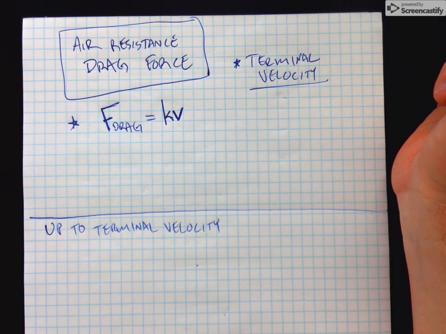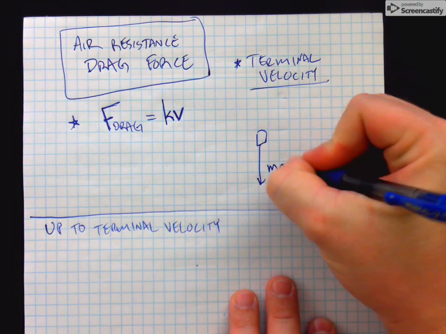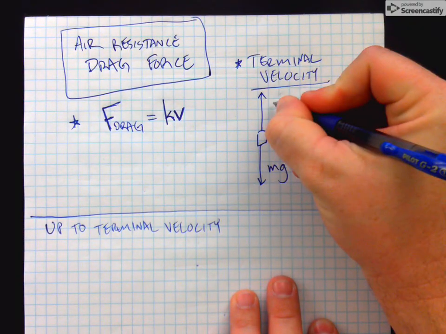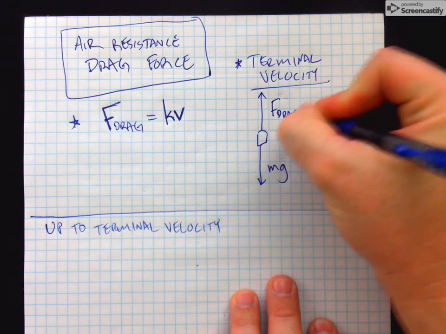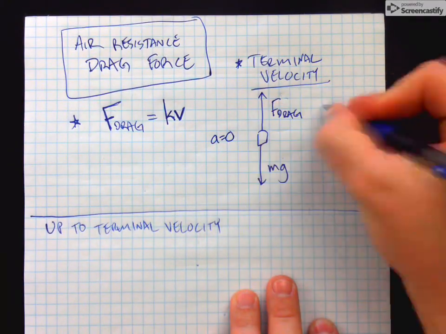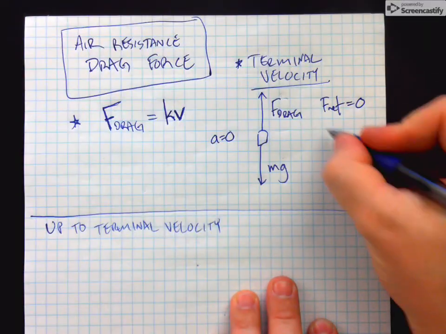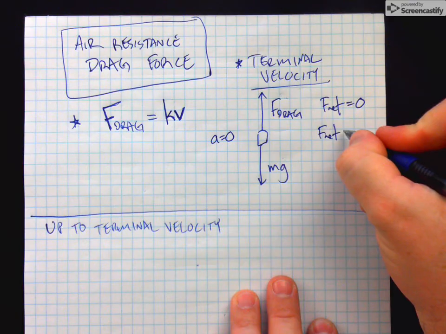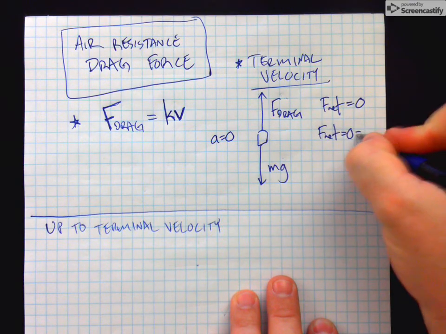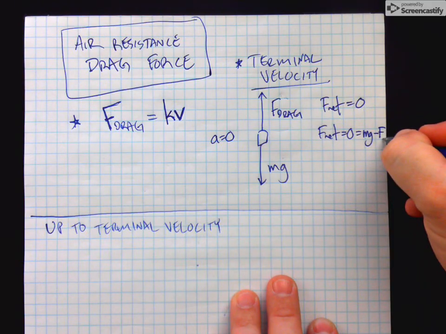When you hit terminal velocity, your weight force is completely counteracted by your drag force. The key to this is your acceleration is 0, so that means F net equals 0. So in this case, F net equals 0 equals mg minus the force due to drag.